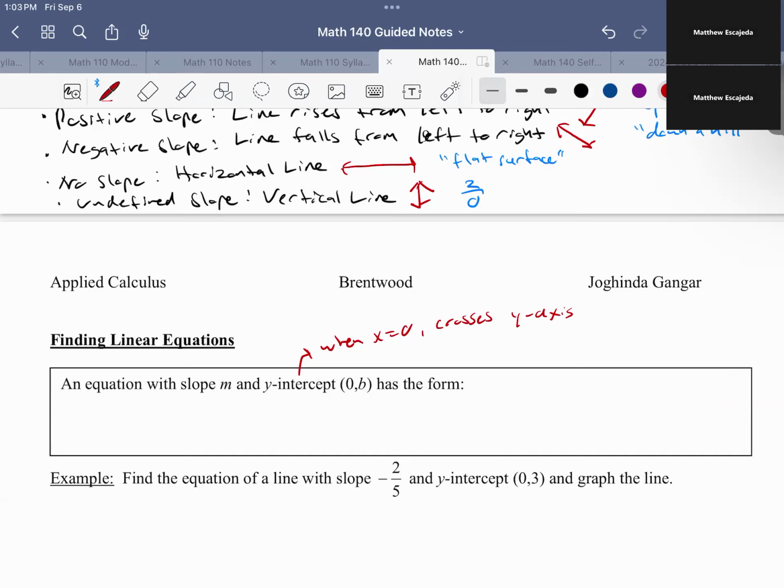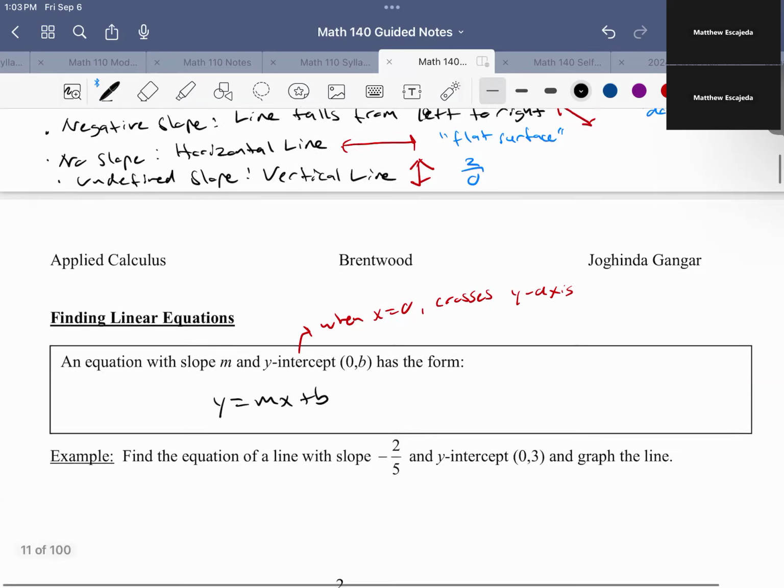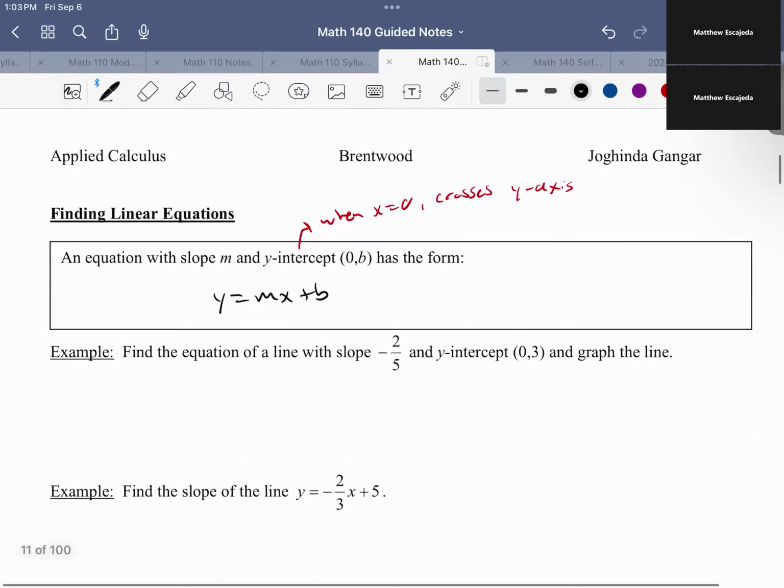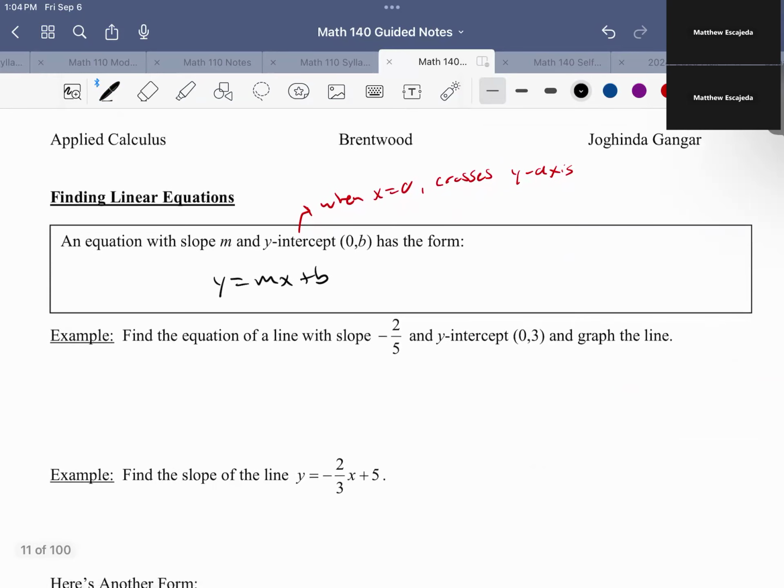You've definitely seen this before, but a linear equation would look something like this: y equals mx plus b, your slope times your x plus your y-intercept. So let's apply this to some real numbers. Find the equation of a line with slope -2/5 and y-intercept (0, 3) and graph the line.